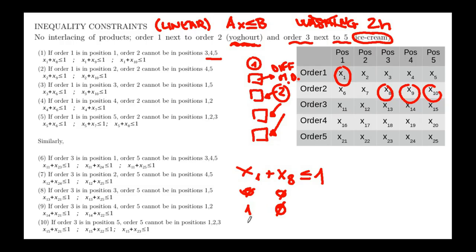And the other way around, if order 2 is assigned to position number 3, order 1 will not be assigned to position number 1 for sure, because the inequality avoids this situation. So 1, 1 is forbidden. And the same goes for all the remaining possibilities. I recommend you to stop the video and have a look at all these conditions.